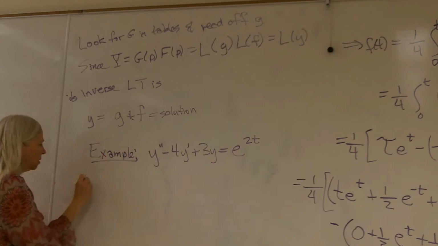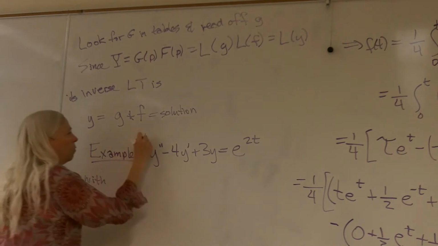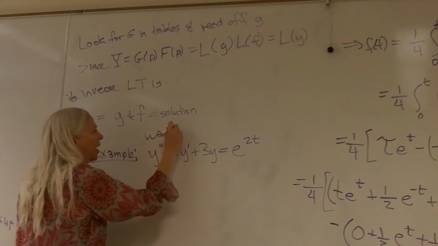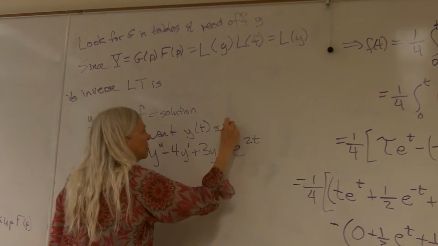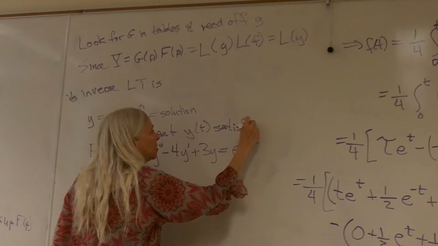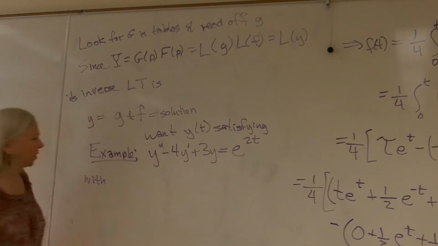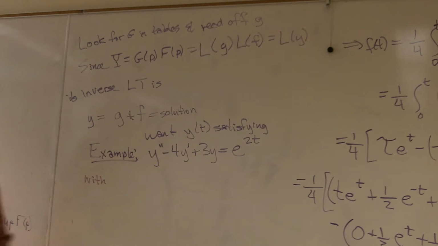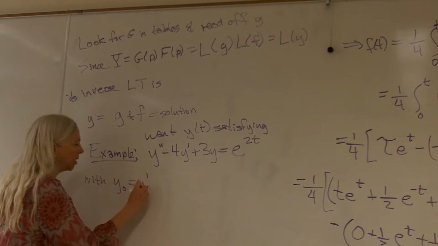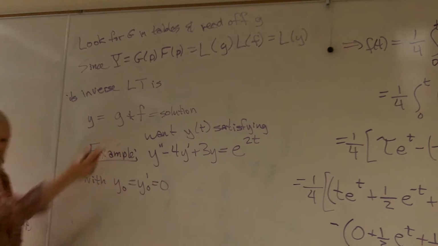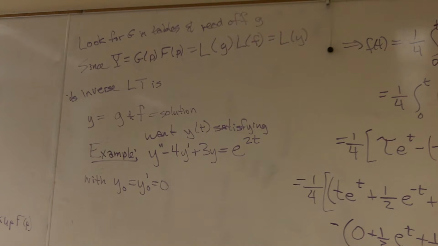Okay? So we want some function y of t that satisfies this. Again, y is a function of t, so y prime means the derivative of y with respect to t. And let's say we have the initial conditions that y(0) and y prime(0) are both 0. Those are what I said would be the easiest boundary conditions to deal with. Okay?